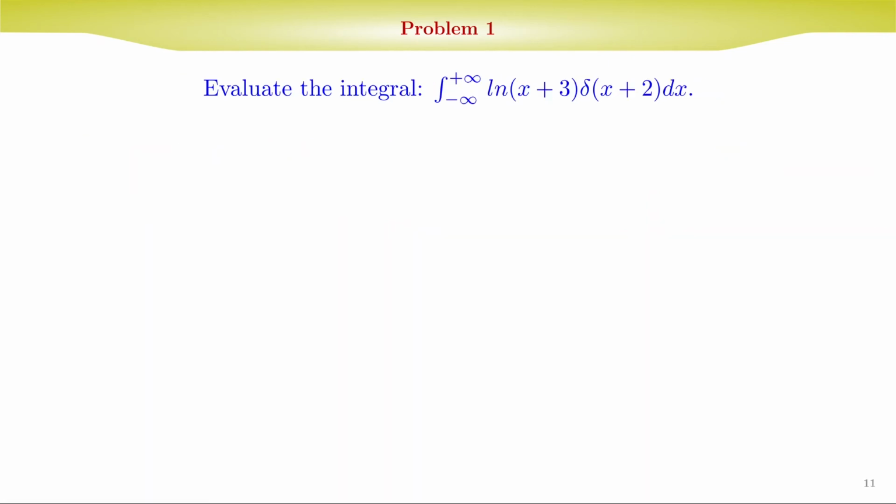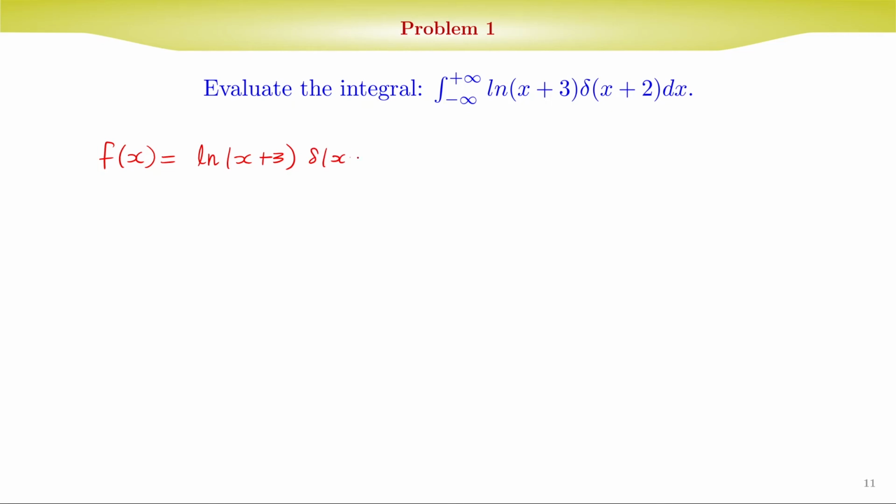Evaluate the integral from minus infinity to plus infinity of natural logarithm of (x plus 3) delta(x plus 2) dx. In this case, f(x) is equal to natural logarithm of (x plus 3).